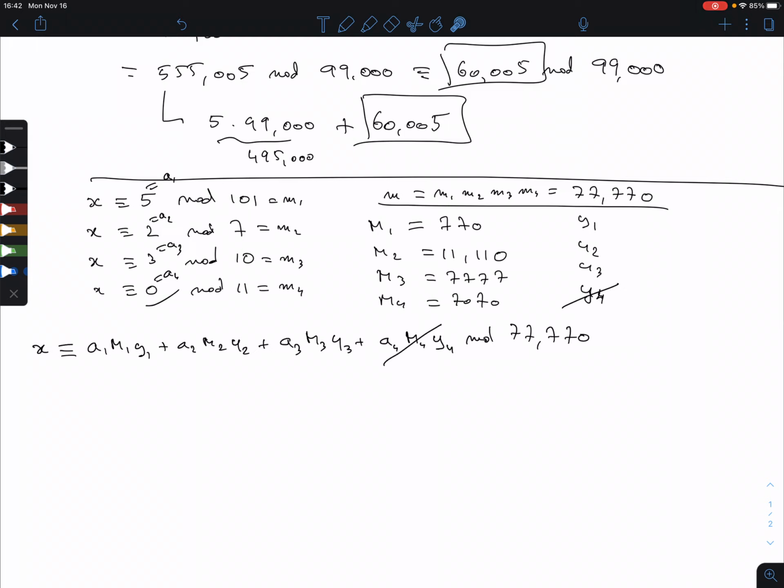Now you might say, yeah, but how are you guaranteed that's going to be divisible by 11? Well, think a bit about it. 11 sits in here because, remember, these three guys are the product of the remaining ones, and 11 is always one of the remaining ones. It's the fourth one, so it's not the first, second, or third.